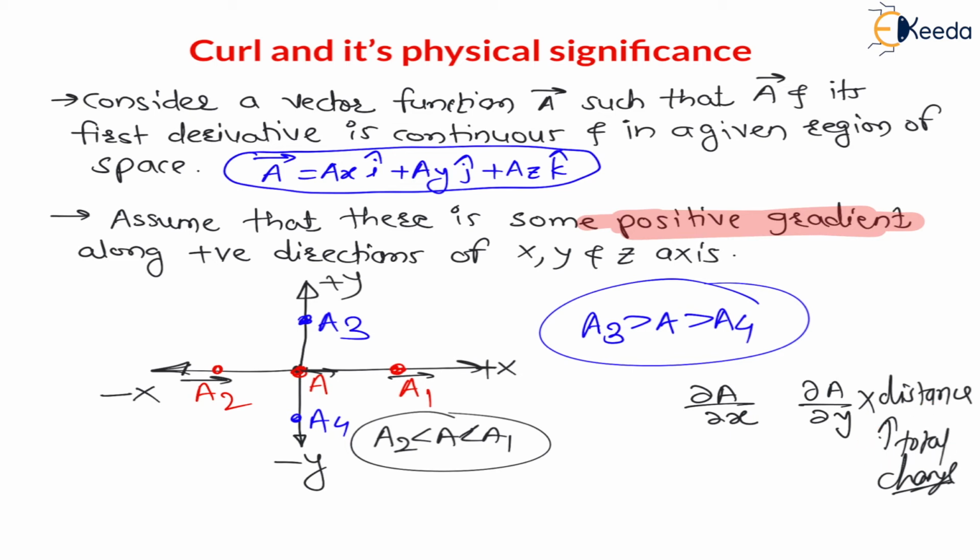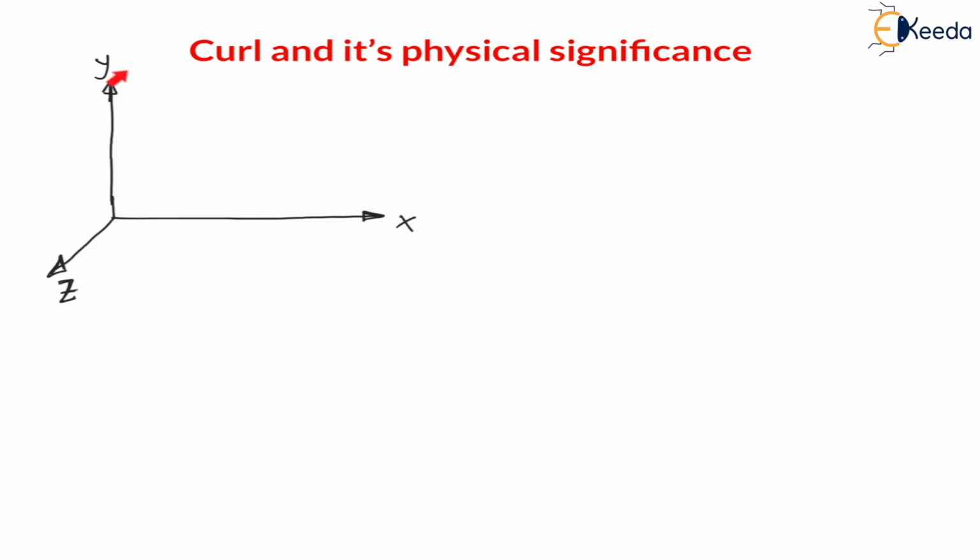So my dear students, let us consider Cartesian coordinates, and first I will assume rotation about the z-axis, and we will find the circulation component and curl component along the z-axis, and then the same result we will project for the y and x axes. Now in this xyz Cartesian coordinate system, let us say this is the origin.